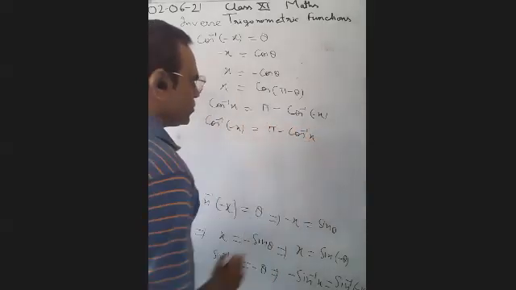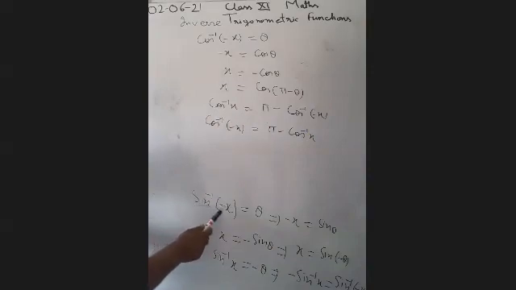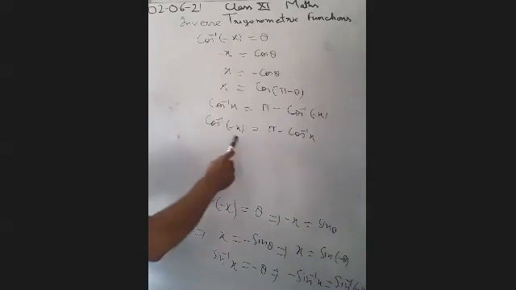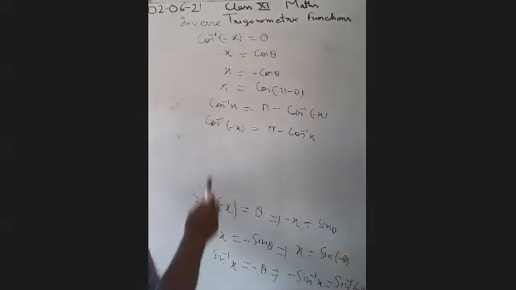So for three inverse trigonometric ratios, you have to multiply only with the minus sign: tan inverse minus x and cosec inverse minus x. But in case of cos inverse minus x, it is equal to pi minus cos inverse x. ठीक है.